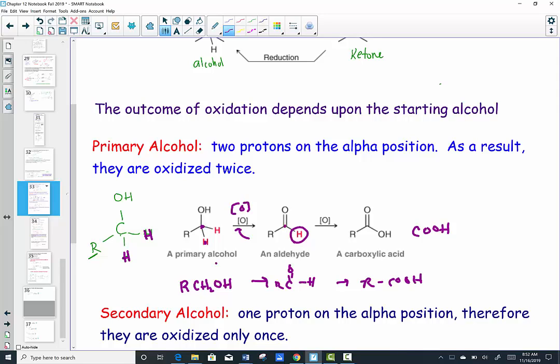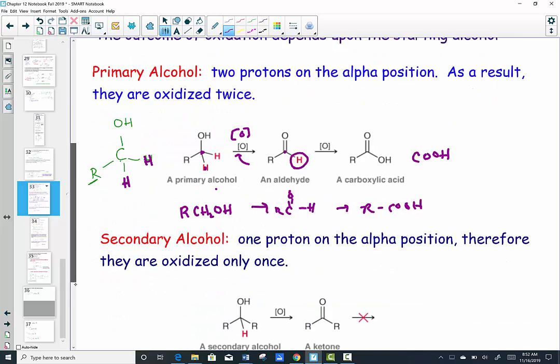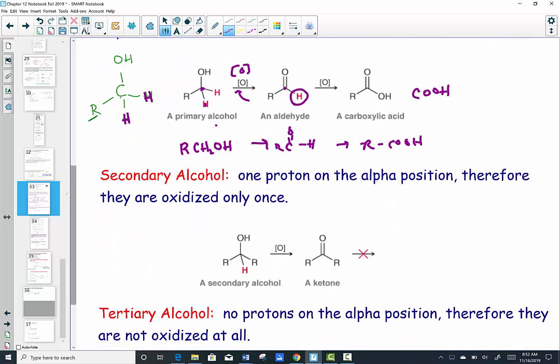of COOH. Now with a secondary alcohol, the carbon that's attached to the hydroxyl group is attached to just 1 hydrogen. So we only have 1 site of oxidation. And so therefore, the ketone that forms is the end product. There is no next step to the carboxylic acid because there's no second hydrogen that can be oxidized.